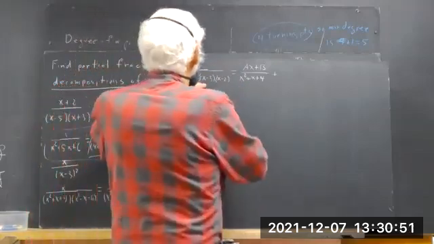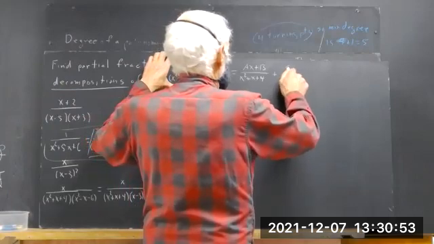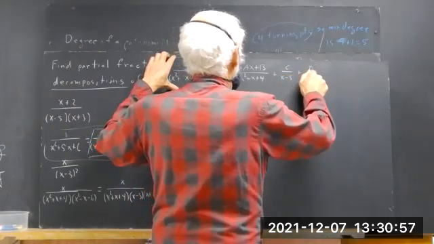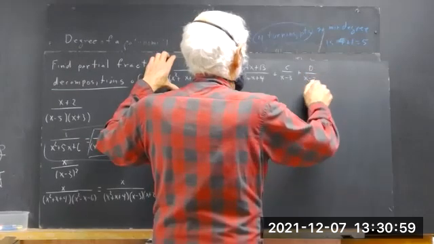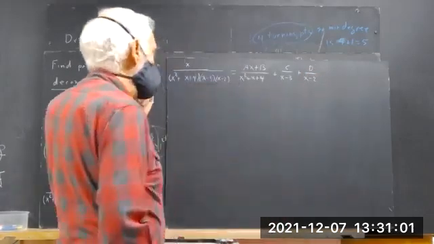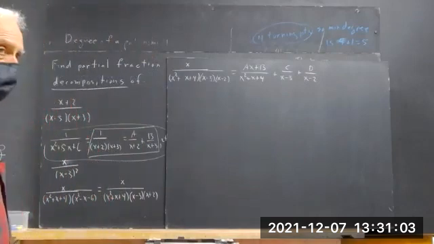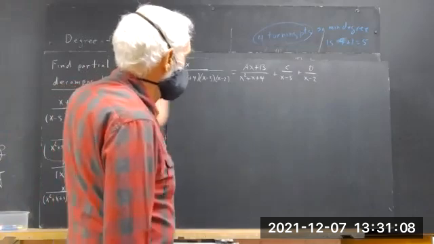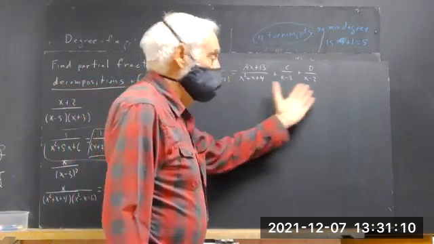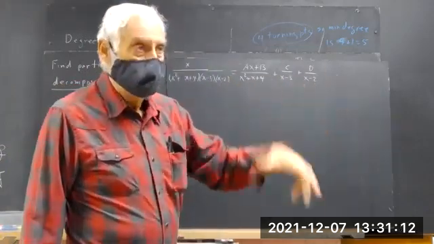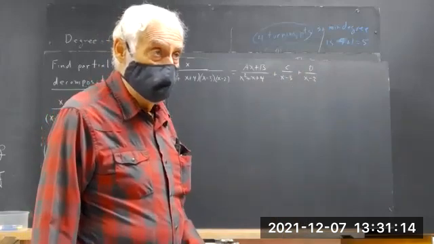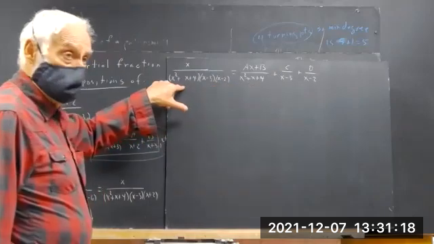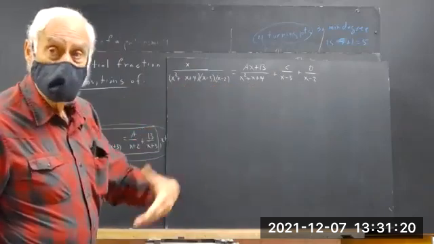Then it'll be c over x minus 3 plus d over x plus 2. Now, what do we have to do? Well, we're going to want to express this sum as a single numerator over a denominator, where the denominator equals the denominator here, because then we can set the numerators equal.